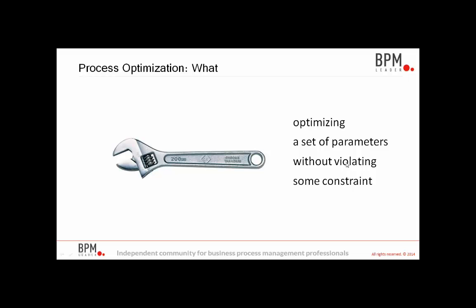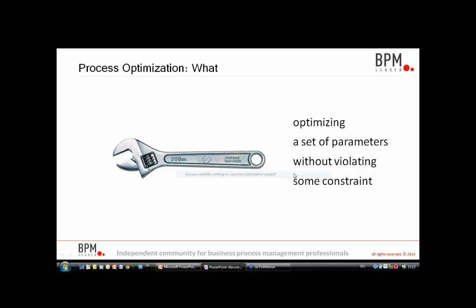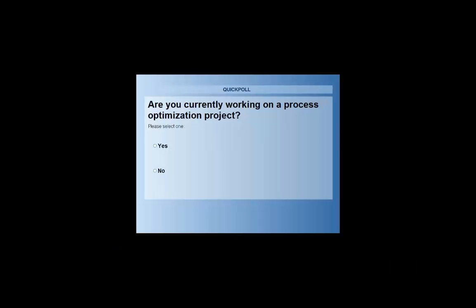So as the next step, I would like to do a poll, so bear with me. I'm going to start it and you'll see it popping up on your screen. There it is. So who of you is currently involved, directly or indirectly, in a process optimization project?